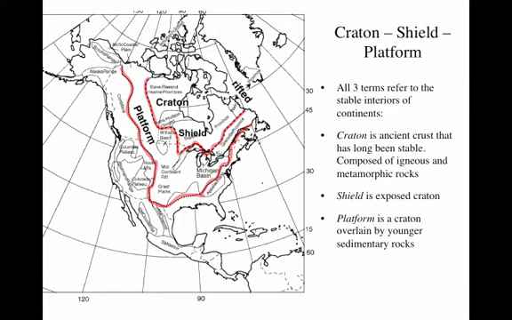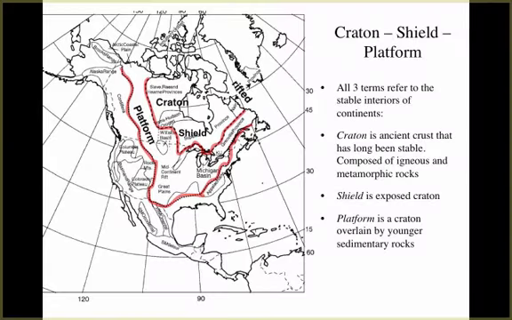Now, to define some of these terms, craton, shield, and platform are used together often, and they have subtle differences. A craton is the ancient crust that's been stable for a long time. It's comprised of igneous and metamorphic rocks, so the cores of the continents. Shield is any part of the craton that's actually exposed, and a platform is a craton that's been overlain by younger sedimentary rocks.